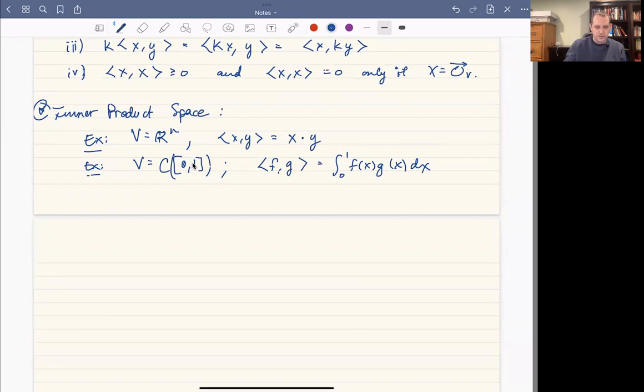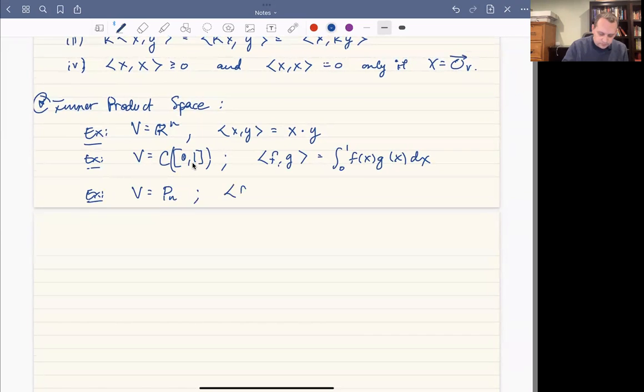Okay, so that would be an example of an inner product. Another common example is the set of polynomials of degree n and less, and here your inner product could be the integral from -1 to 1. There are good reasons why you'd want to include the integral from -1 to 1 here. But that's an example.